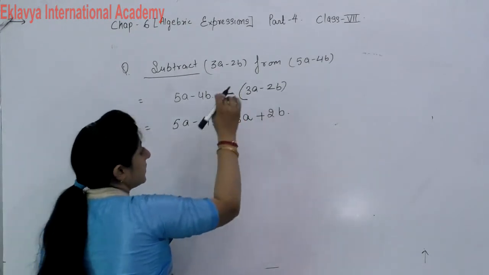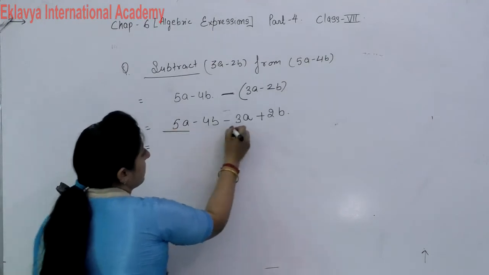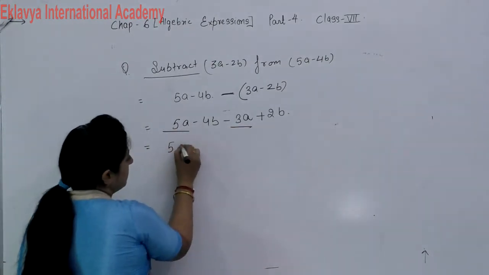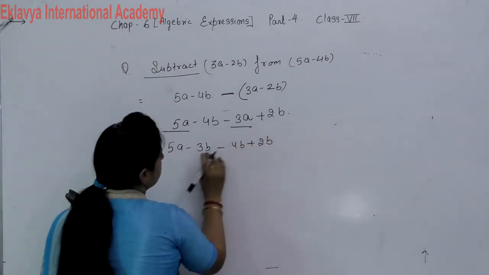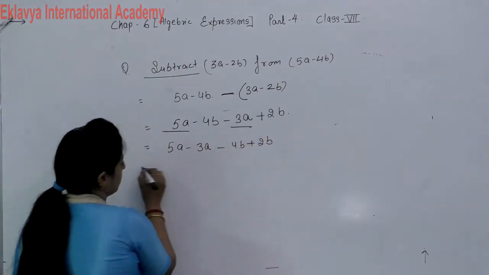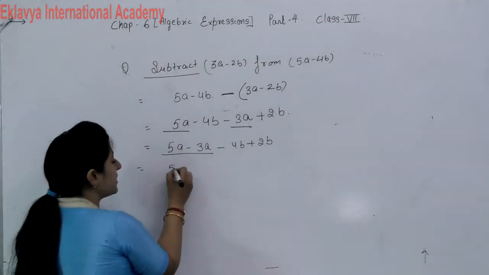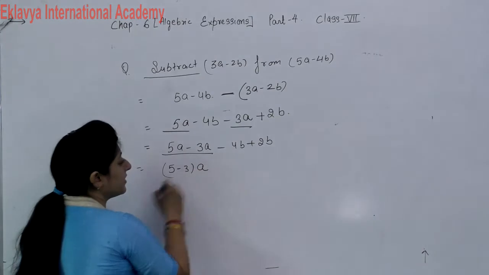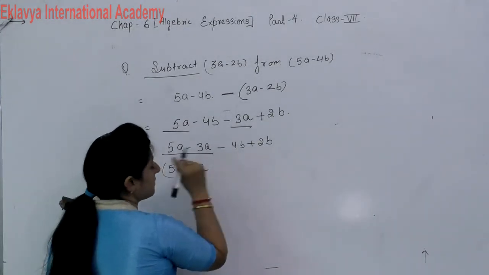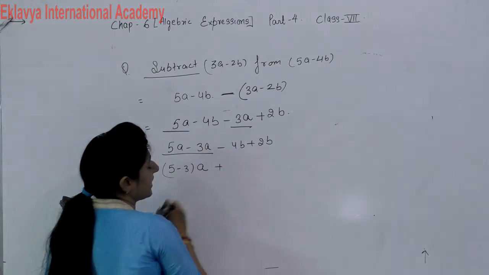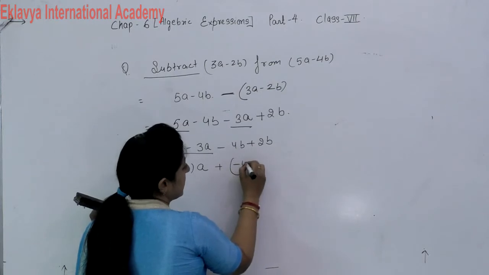So we do the subtraction like this: 5a minus 3a, like terms, minus 4b plus 2b, like terms. 5 minus 3, like terms, which means we solve the numerical coefficients. Then here minus 4 plus 2; as I already said, whenever you solve it, first put the plus sign, then take the sign as it is.